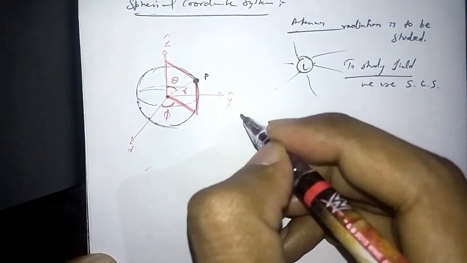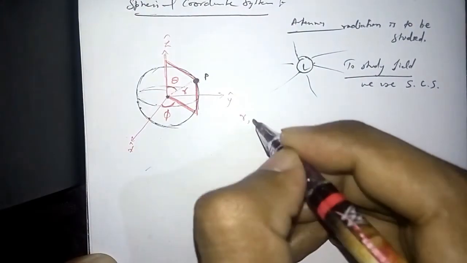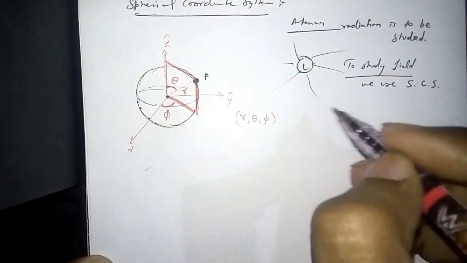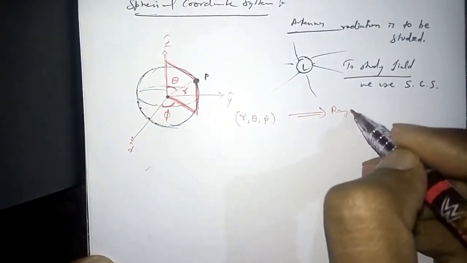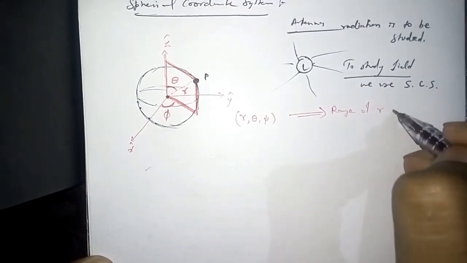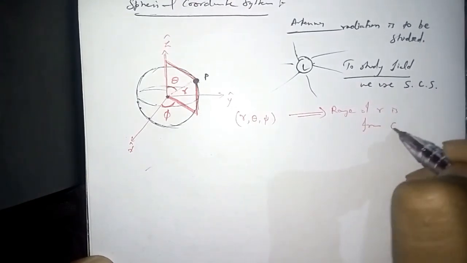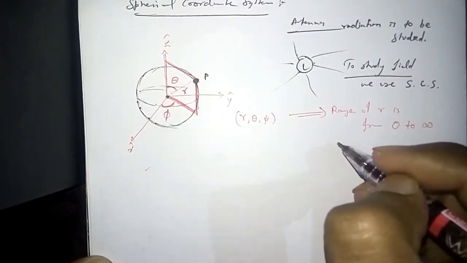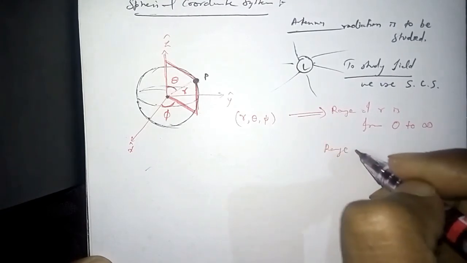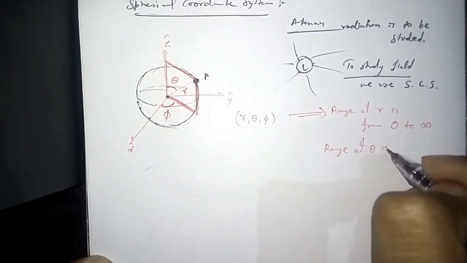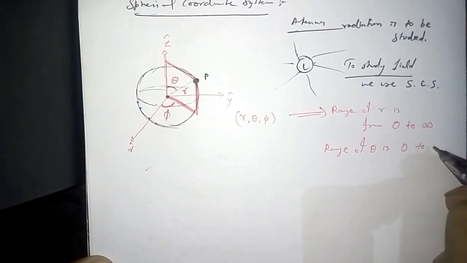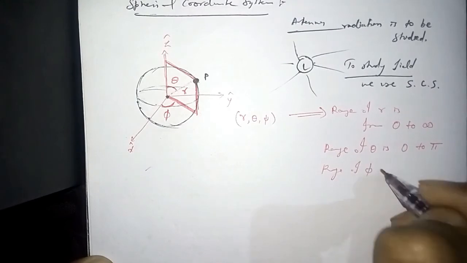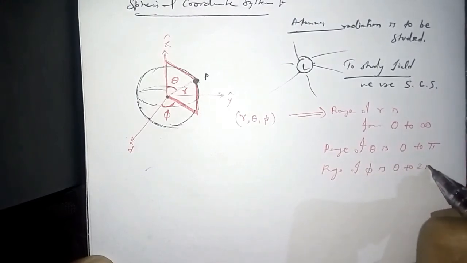In spherical coordinate we represent a point as r, theta and phi. The range of r is from 0 to infinity. Range of theta is 0 to pi, and range of phi is 0 to 2 pi.